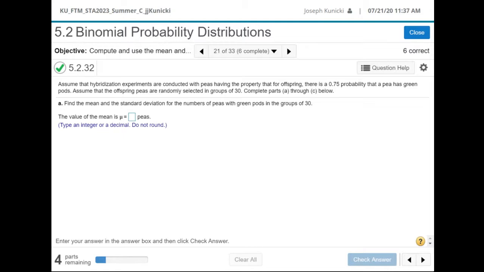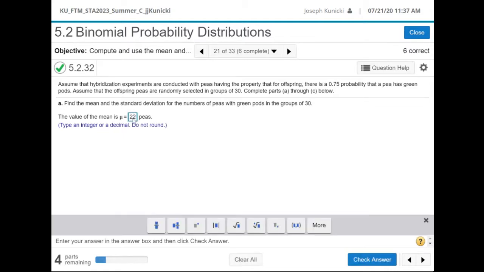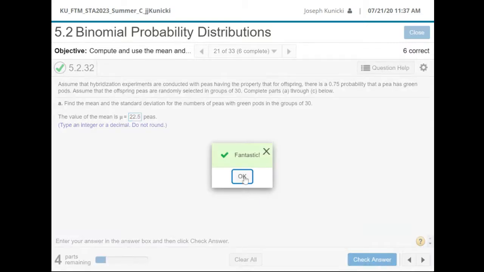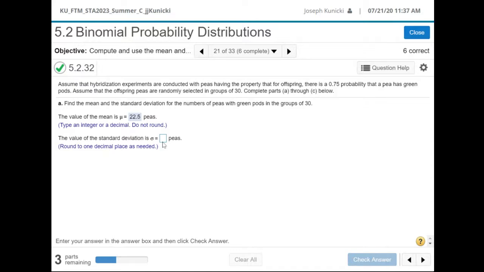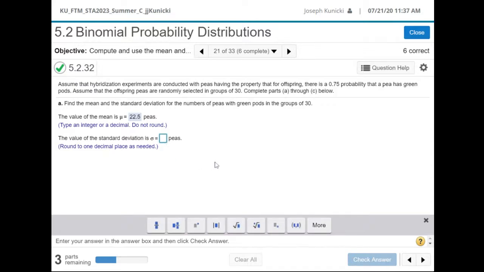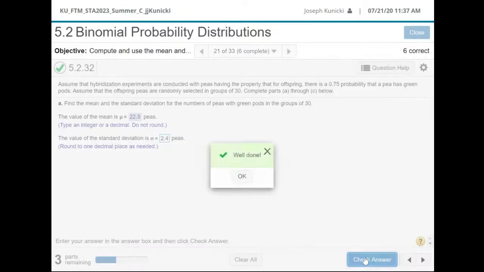So I know the mean is 22.5. We're going to double check these. I'll show you how the calculator does it. Rounded to 1 decimal place, that would be 2.37, so 2.4. So there's the mean and standard deviation for a binomial.